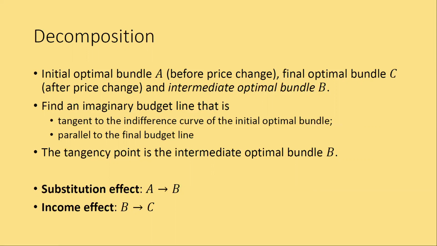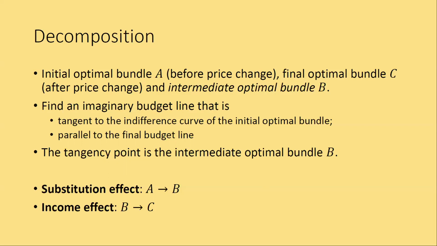And because point B is the tangency point of this imaginary budget line to the indifference curve of the initial optimal bundle, point B is also on the indifference curve of the initial optimal bundle. Or to say, point B gives the consumer the same level of utility as point A does.